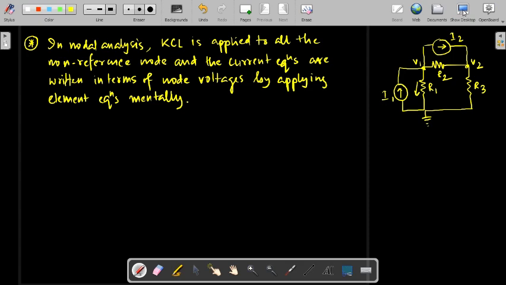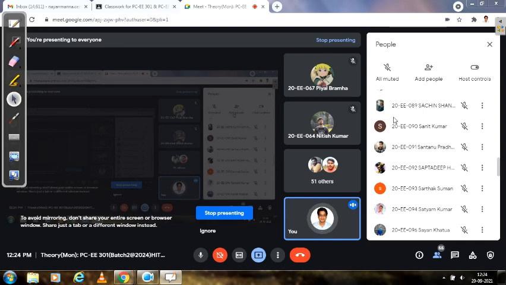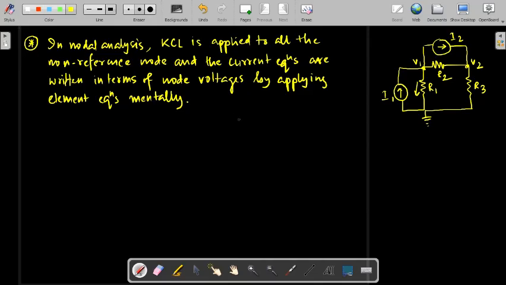Do you agree with me? Yes, sir. So you already know how to express linear algebraic equations in matrix form.